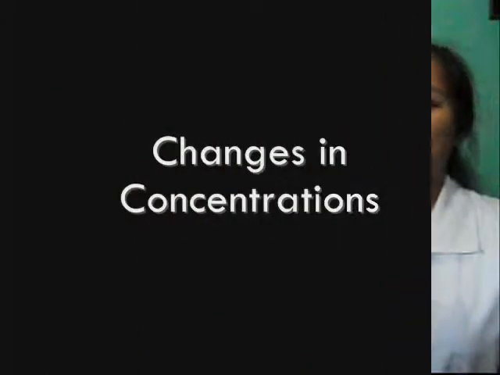The word stress means a change in concentration, pressure, volume, or temperature that removes a system from the equilibrium state. And we are going to utilize Le Chatelier's principle to assess the effects of these changes.